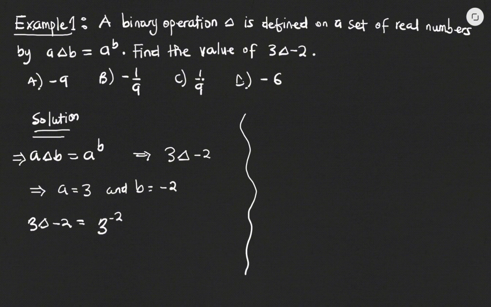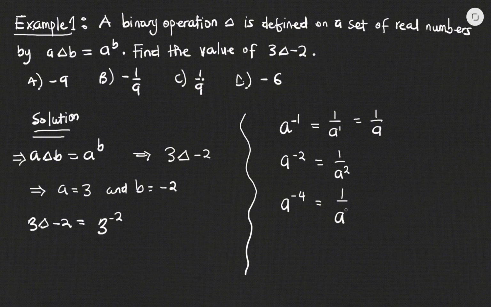Now, when we have, let's say, A raised to the power negative 1, what we do is we write it as 1 over A raised to the power 1, which is still the same as 1 over A. So if we have A raised to the power negative 2, this is equal to 1 over A squared. And then if we have A raised to the power any number at all, let's say 4, this will be equal to 1 over the actual number raised to the power 4, depending on the value that it is.